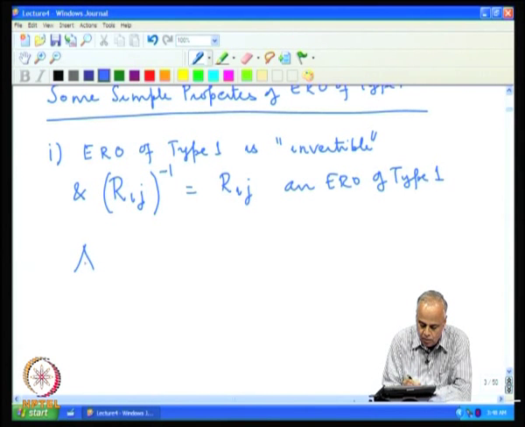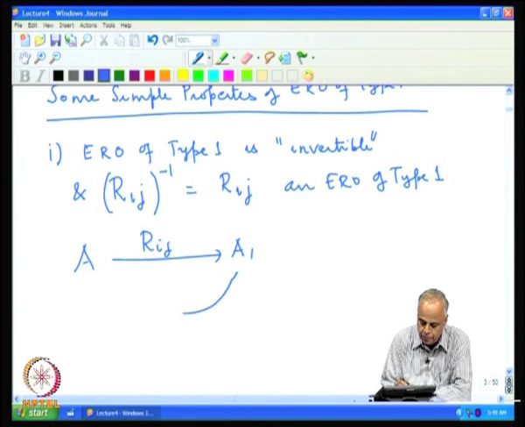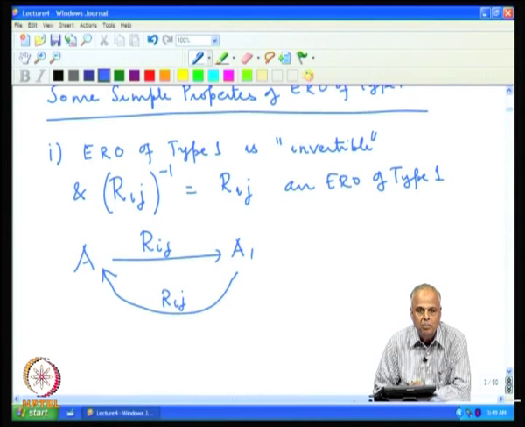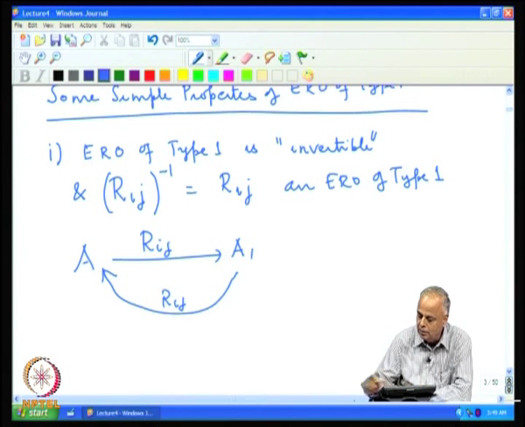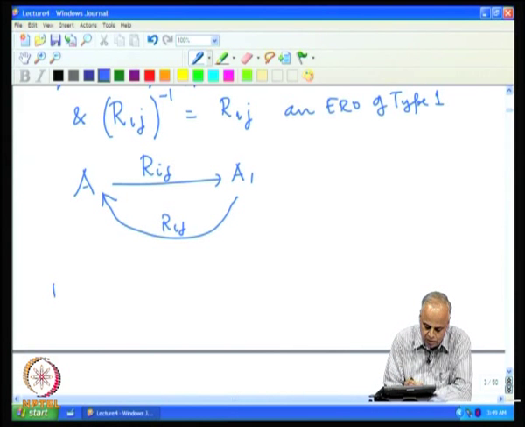So, if we have A going to A1 under the ERO of type 1 of exchange of the ith and the jth row, then A1 will go to A again by an interchange of the ith and the jth row. So, this is the first observation we make.